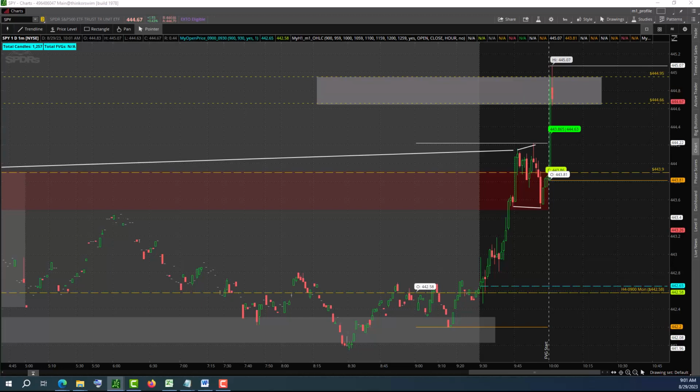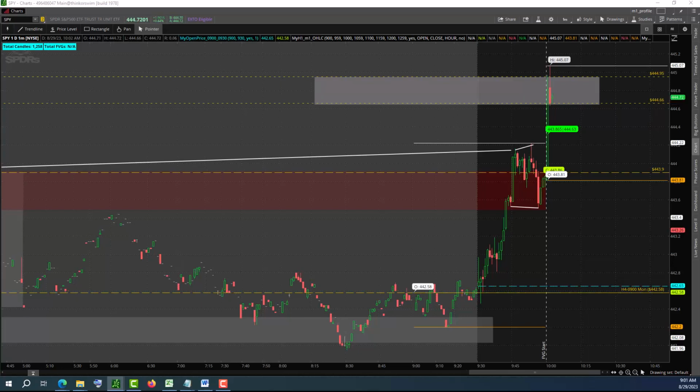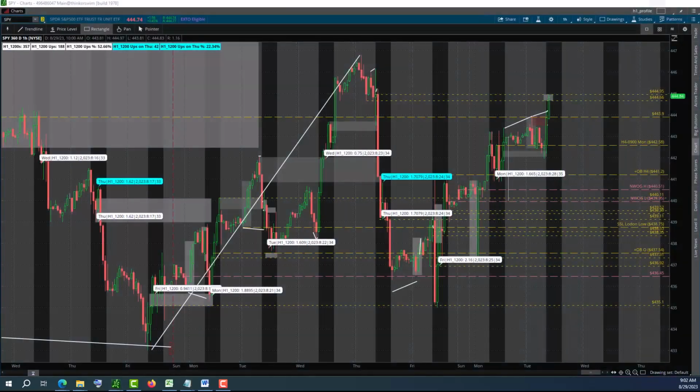Now you have a short setup playing out. You short right here because this order block, boom, bearish order block right here, going down.